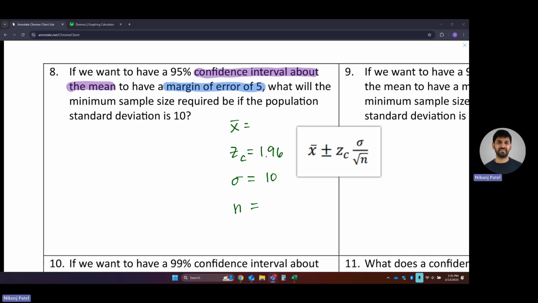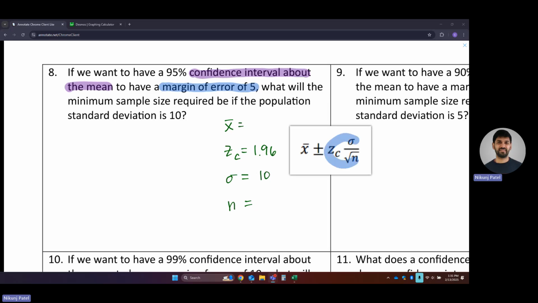Now this is a little bit different than the previous problems. The margin of error is just this piece of the formula here. So we don't really need to know anything about X bar in this situation, because we're only dealing with these 3 values right here. And so the problem doesn't give us a sample size.